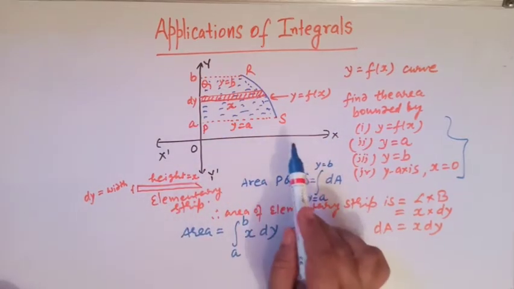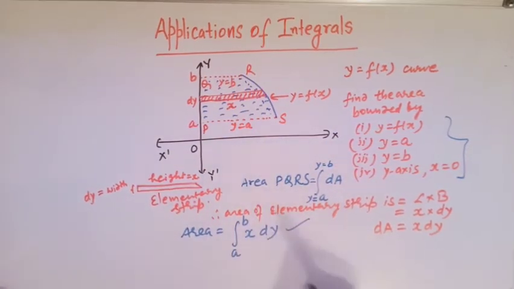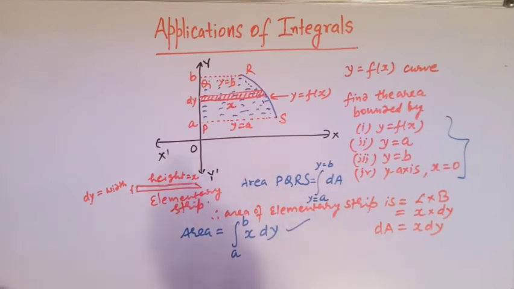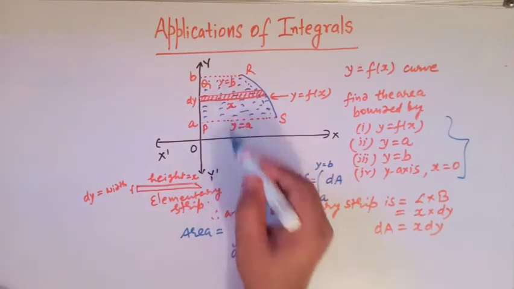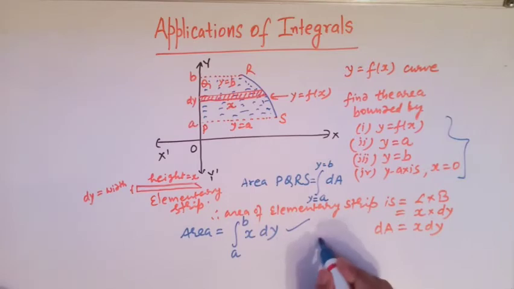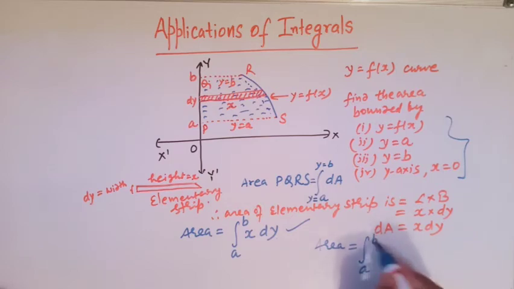And in the introduction part, we had taken the elementary strips parallel to the y-axis, and in that case the area is given by the integral from a to b of y dx, right?